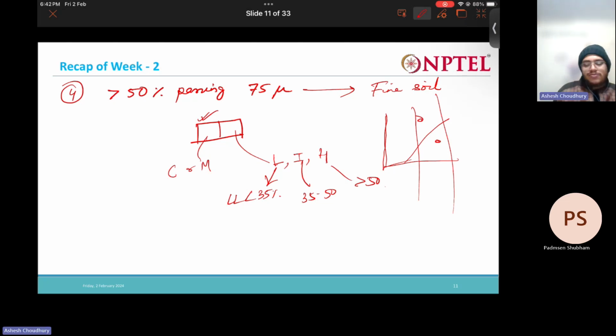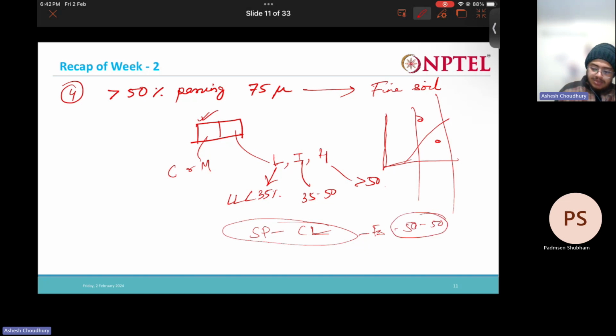In that case, you have to use dual classification again. Say it is sand, so SP or SM, and then we also have to classify it as clay and the type of clay, say L or I or H. Like this, we have to use dual classification, for example in the 50-50 case, where 50% is coarse fraction and 50% is fine fraction.